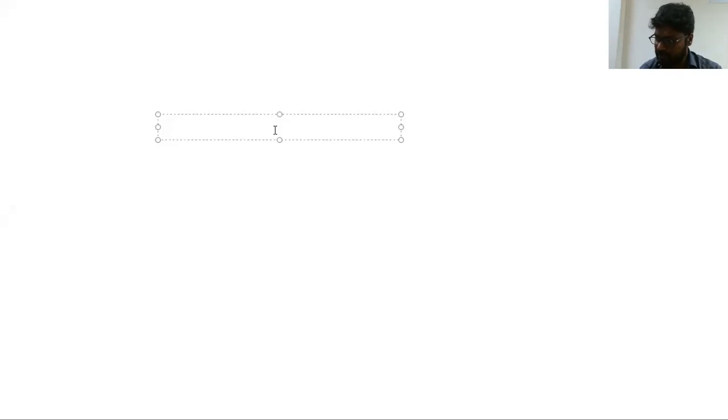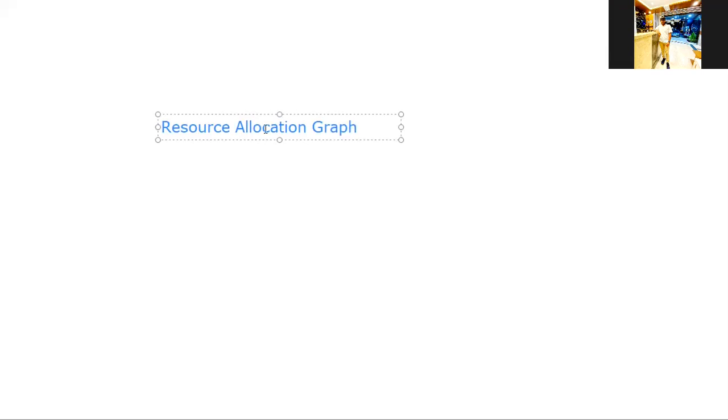Deadlock prevention. Before getting to deadlock prevention, we have to discuss the resource allocation graph. Take this heading in your notebook: resource allocation graph.